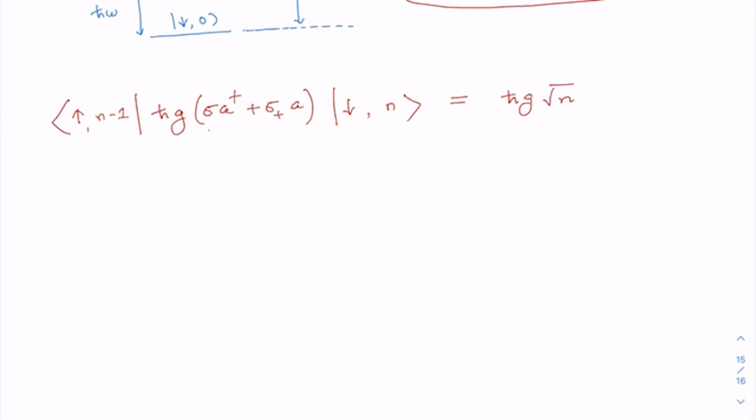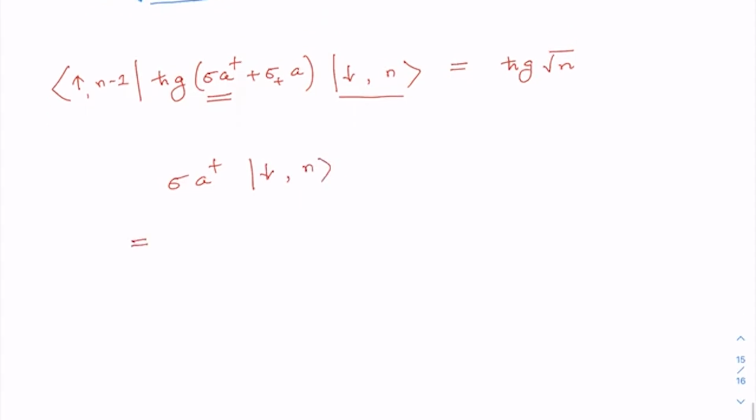Let us see the action of this operator on the state. Say sigma minus A dagger. Now this is the atomic lowering operator, sigma minus.